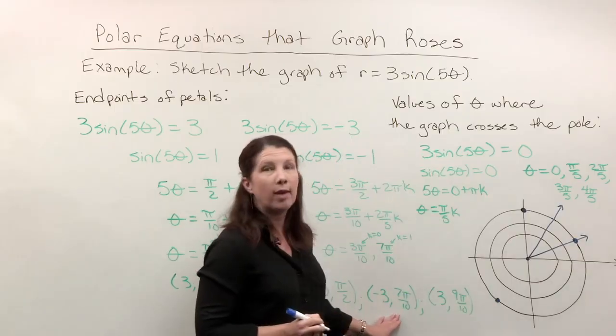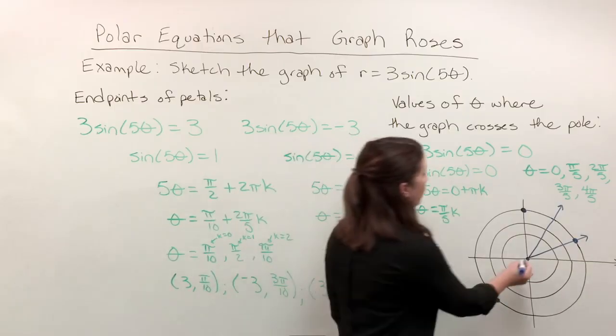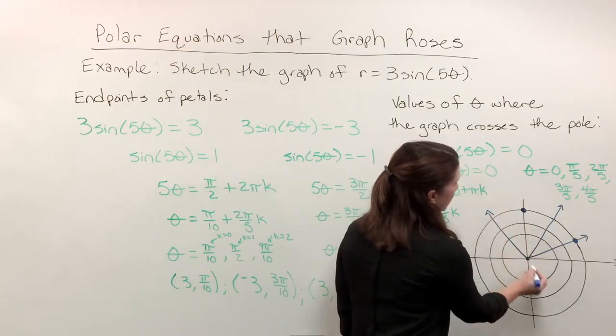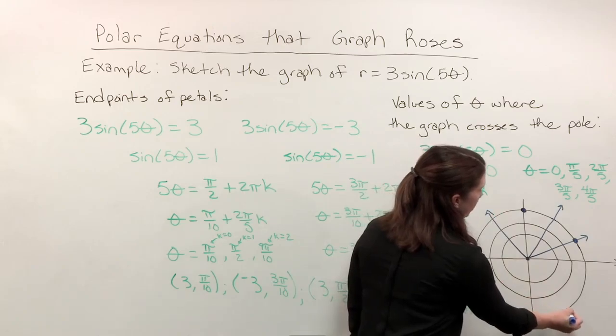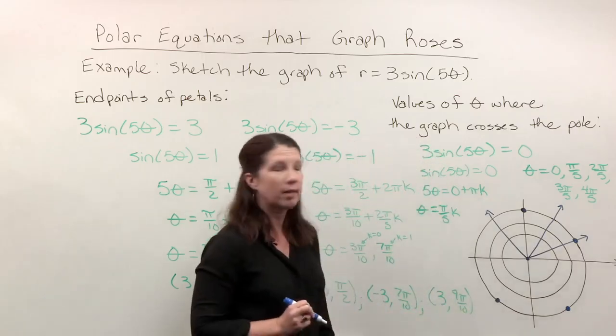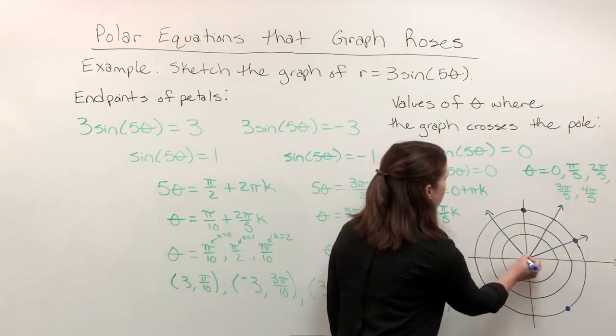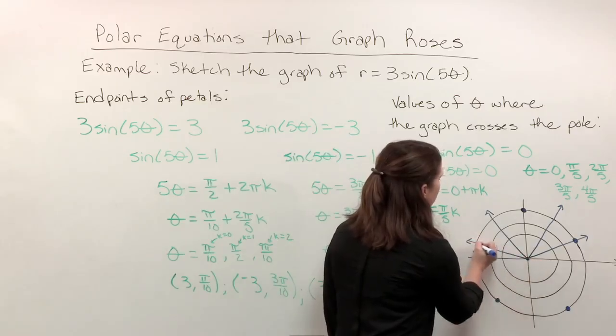Then we have an endpoint at -3, 7 pi over 10, which will be 3 units in the opposite direction from 7 pi over 10. And then the fifth endpoint will be at 3, 9 pi over 10.